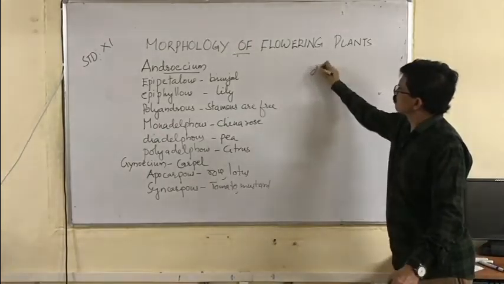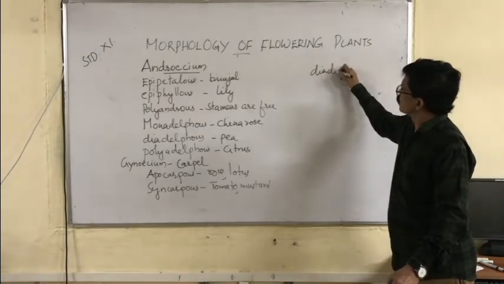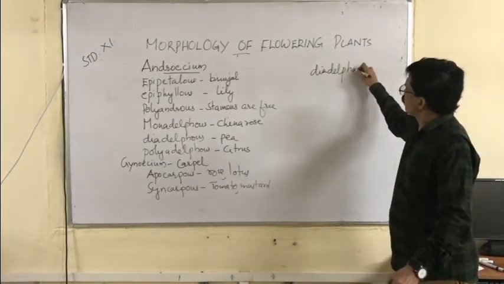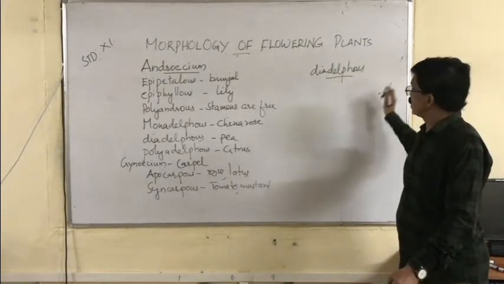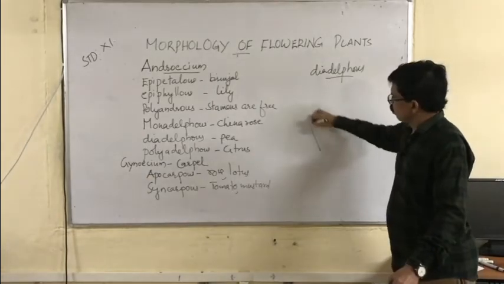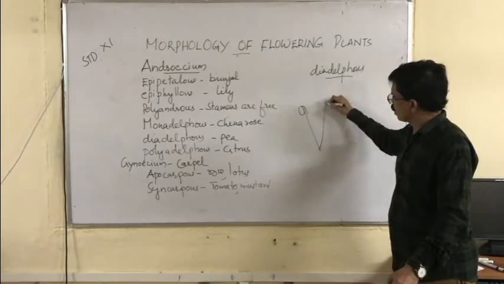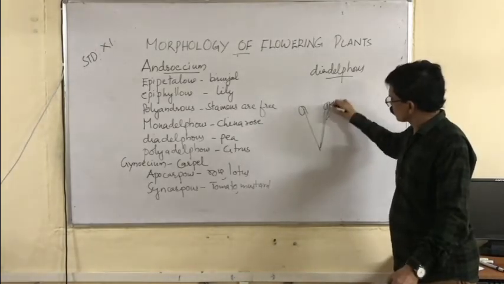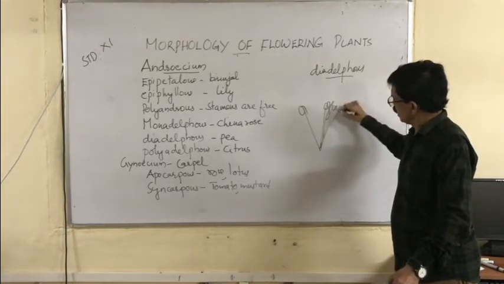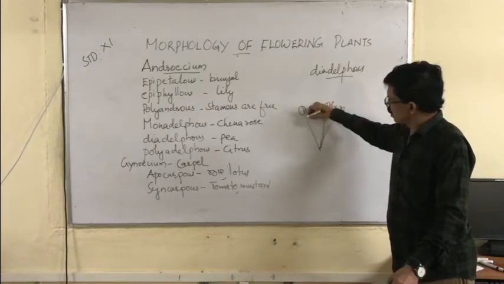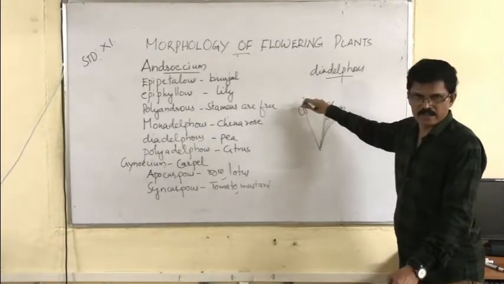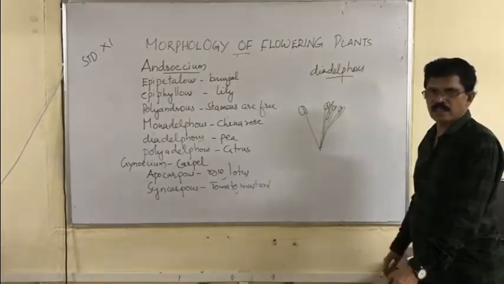Now, the next term is diadelphous. What is diadelphous? The stamens are seen in two bundles. One bundle may have one or more stamens, and the other bundle also may have one or more. In one bundle you may see only one stamen, but in the other bundle you can see more than one.